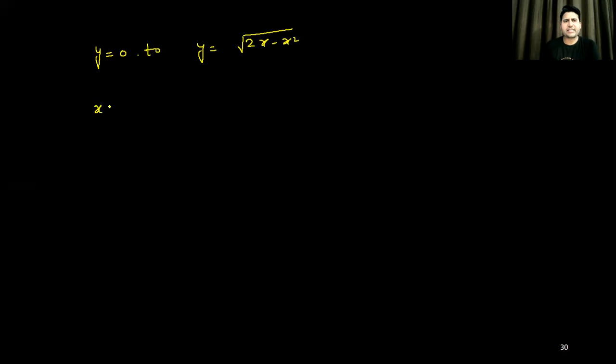Limit of x is given as x equals 0 to x equals 2. If I solve this much, doing the squaring on both sides, so x square plus y square minus 2x equals 0.